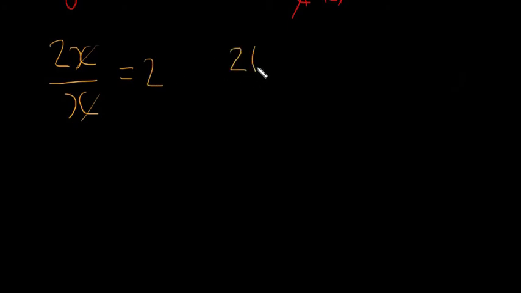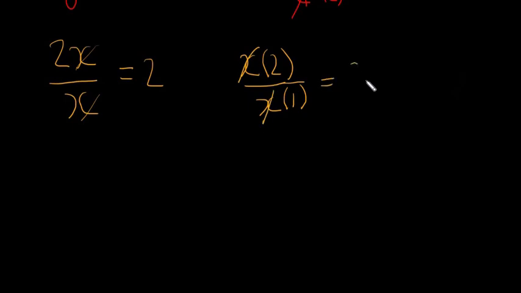I'm going to say it's x multiplied by 2 on the top, and on the bottom it's x as well, multiplied by 1. It doesn't matter if it's 2x or x2, it's the same thing. Then we cancel the x and the x, and we're left with 2/1, which is the same as 2.